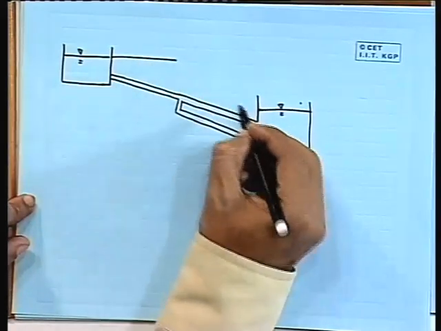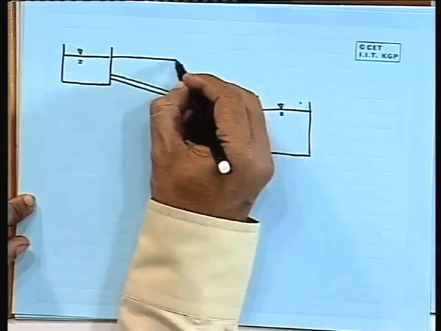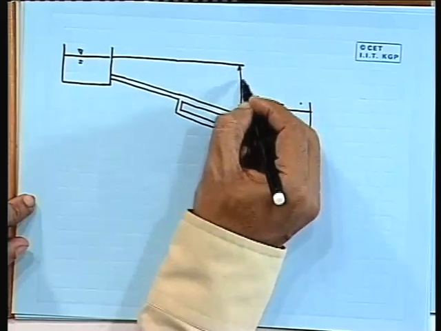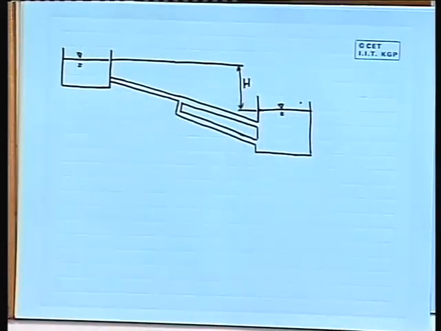Let us say again we are having the head difference is equal to H. So, we are interested to determine how much fluid will be transported through this pipeline system. So, basically here what we are having is parallel here and series here.